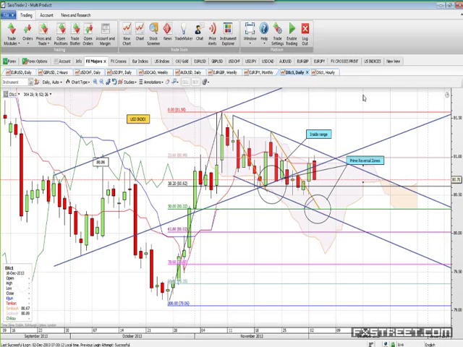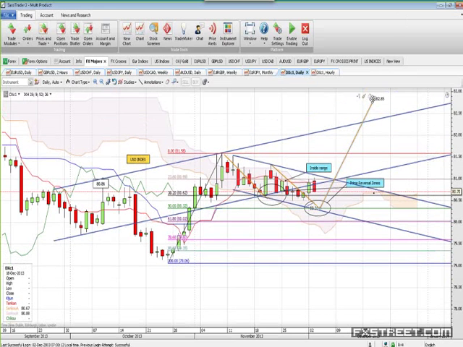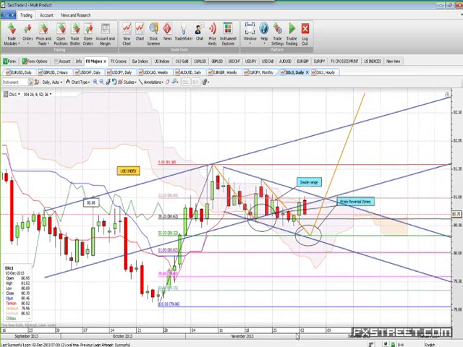Me personally, I think if we can get above that daily cloud, then the dollar is going to rally, as far as I'm concerned, in the next impulsive move to the upside, and then obviously we would at least look for a flag formation, with a move up towards 82, 85.